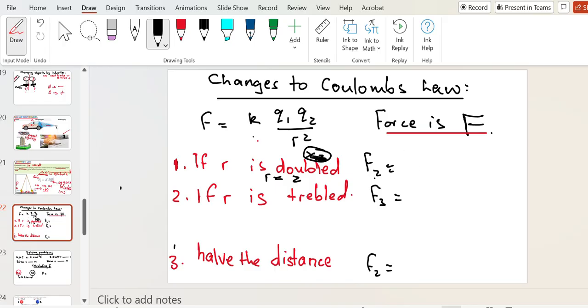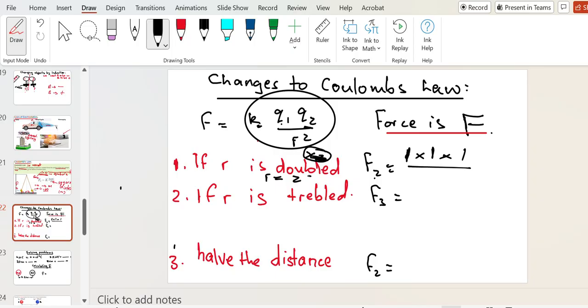You use this equation. Did we change K? No. So the number is 1. When you don't change something, put 1. Did we change Q1? No. So I put 1 because we only changed R. Did I change Q2? No. So I say times 1. Divide. Did I change R?